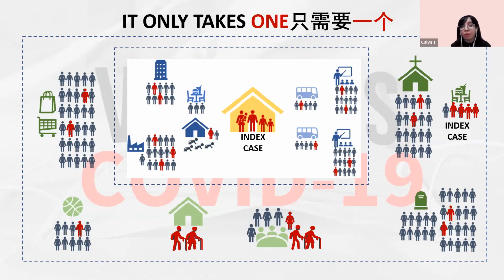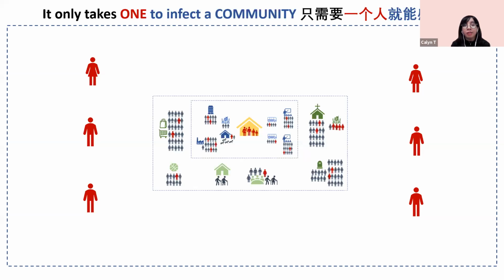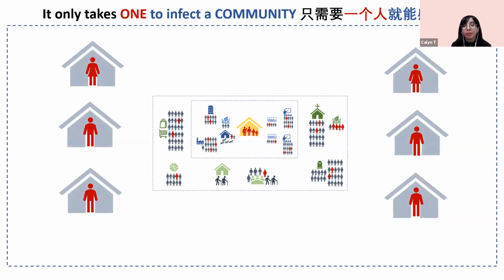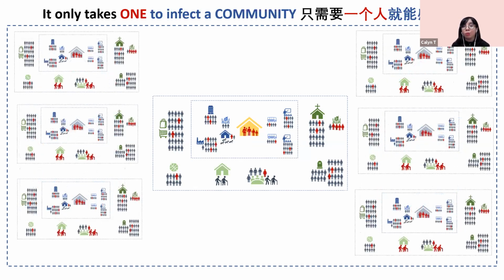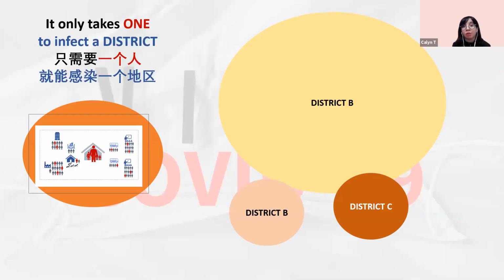When it's in the community, you really don't know until you investigate each and every case. And you see from one, it only takes one person and you start to infect other people, other family around you. And from there, each and every one has their own house. Each will infect their own community, and each will infect the people around them. So it only takes one to infect your community.